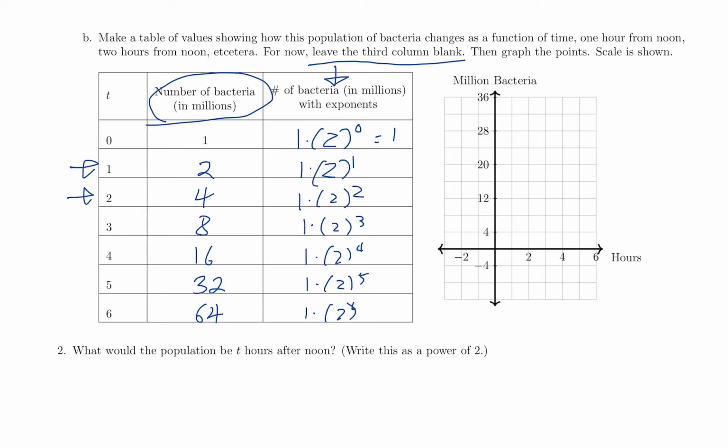Okay. So let's plot this graph. That means we're going to graph 0, 1, let's say somewhere here, and 1, 2, 2, 4, 3, 8. So 8 will be somewhere here.